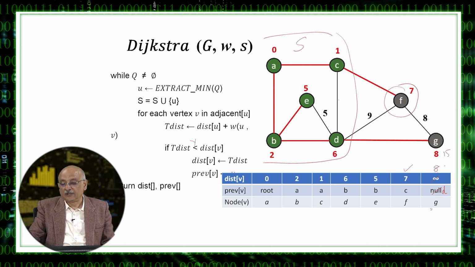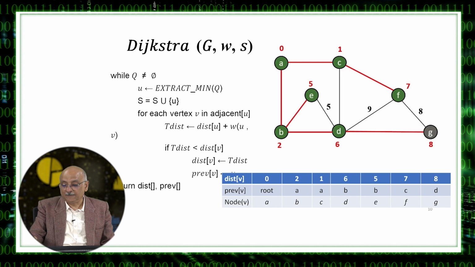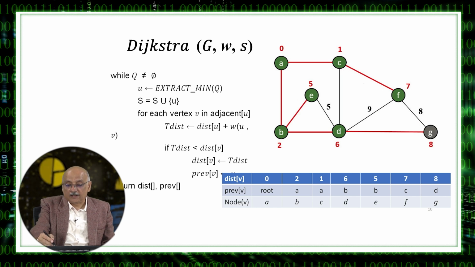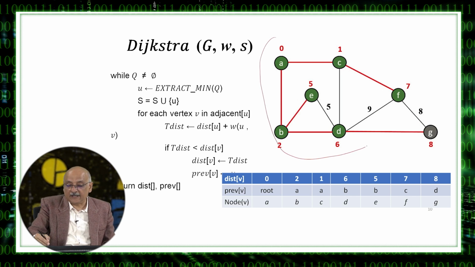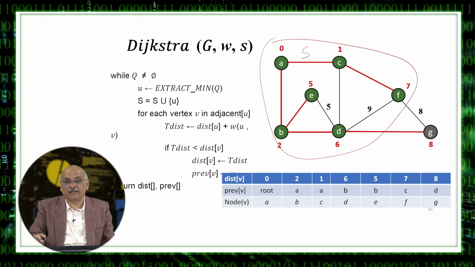The condition is incorrect, so no more change. It will remain at this position, except F will be added to the set. This is my final position, where all these things have already been added to S. That's why they are in green color.